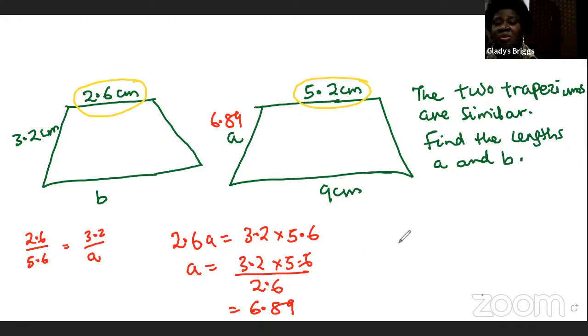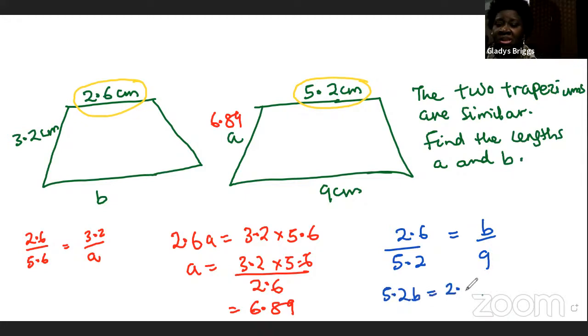Yeah, let's use the same ones we used earlier. So 2.6 over 5.2 is equal to B over 9. So 5.2B is equal to 2.6 times 9.